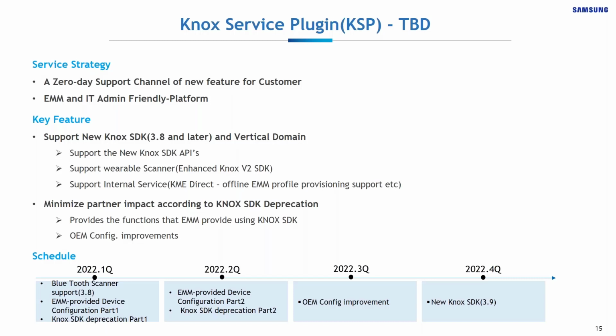So don't worry if you see part 1 or part 2, because we won't leave you hanging for the next update. We'll release the other half of the EMM provided device configuration and the Knox SDK deprecation in the second quarter of the year.